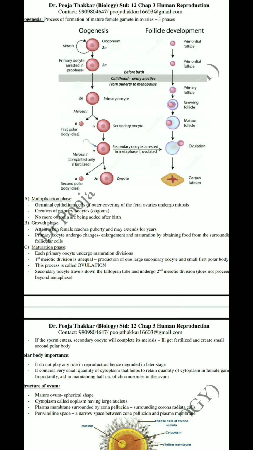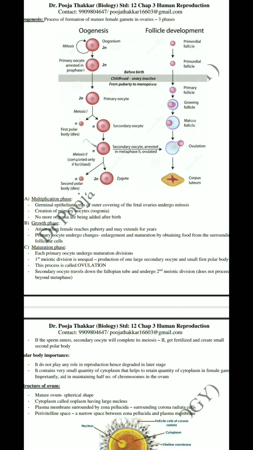In the maturation phase there are basically two kinds of events. The first and most important is that if the secondary oocyte notices the entry of sperm in the fallopian tube, only then will it finish the secondary meiosis, or meiosis 2, and after that it gets fertilized with the sperm to form the zygote, which is diploid in nature, because the sperm has haploid content and the secondary oocyte also has haploid content.